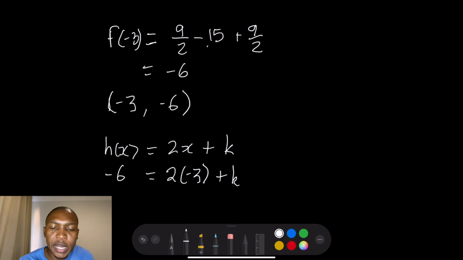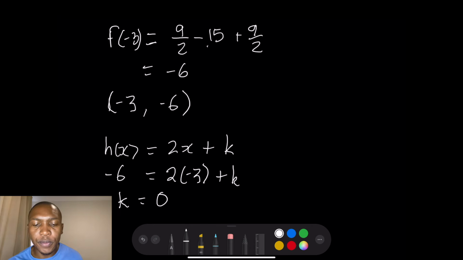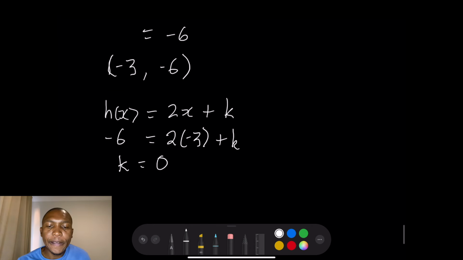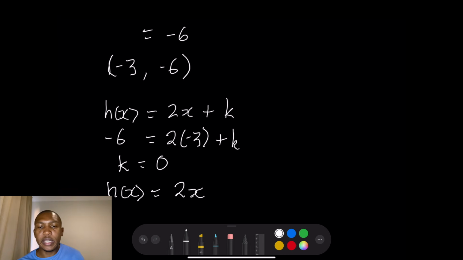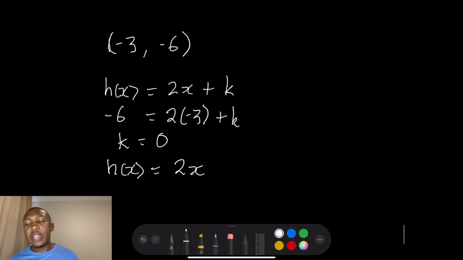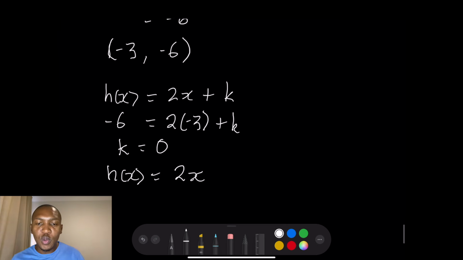So k would be equal to 0. You can verify if that is correct. As a result, the graph h of x would simply be 2x. And that is how the cookie crumbles.